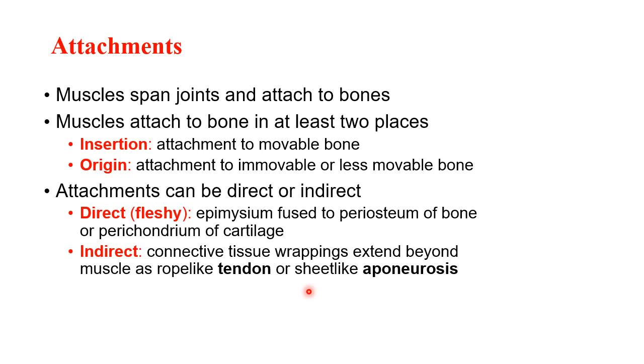Or you can have some other form of a sheet-like attachment, a fine sheet that is more or less like a tendon, but is not like a rope. This is called aponeurosis. I have no idea where they got this name from. This is really all over the body, but it's not really obvious unless you look for this type of tissue.